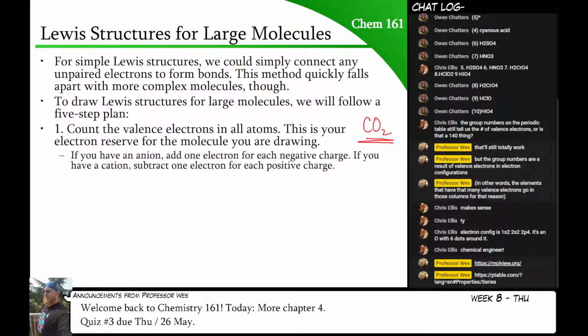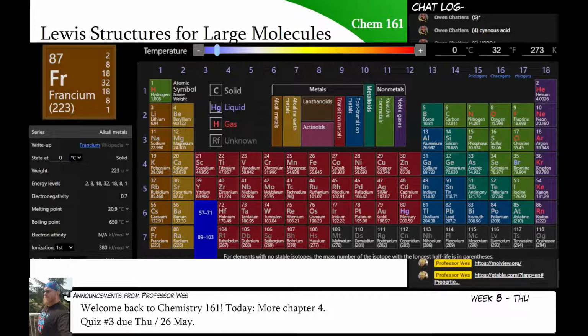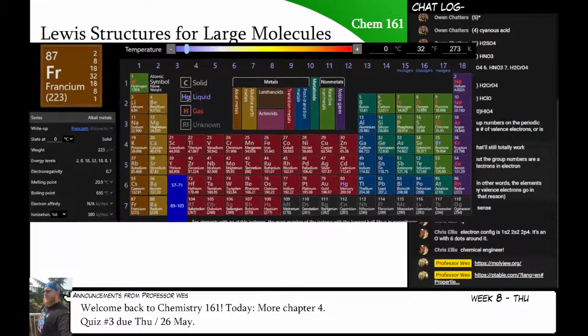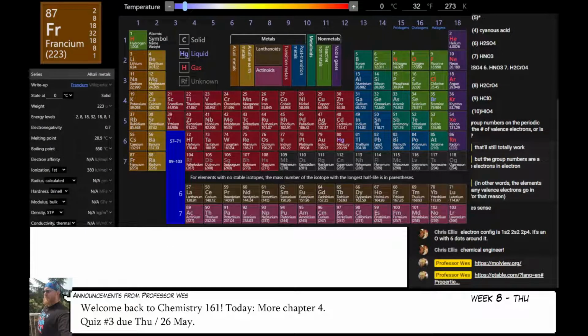If we go over to the p-table, which I'm going to link over here, and we'll put this on the screen. And this is what a student was talking about earlier. Like, can't we just do this? Well, yeah, you totally can. So here's my periodic table. If you look at the group number that these elements are in, the ones digit tells you how many valence electrons you have.